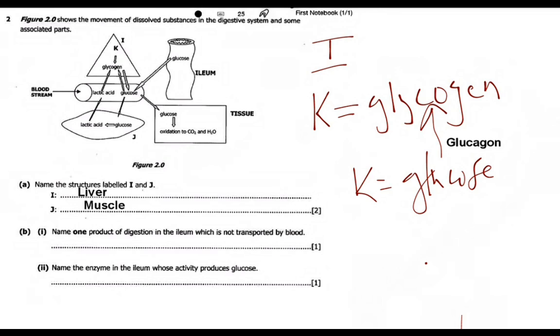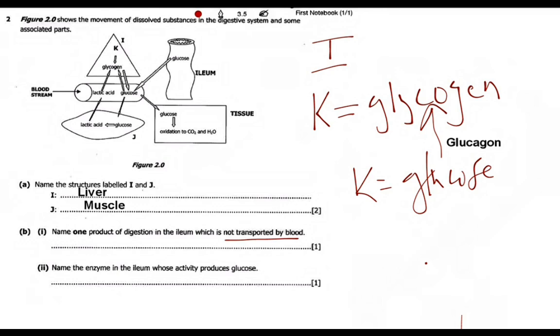Then question B: name one product of digestion in the ileum which is not transported by blood. So we need a product that we will find in the ileum, but the key word here is that it is not transported by blood, meaning it needs to be transported by something else.